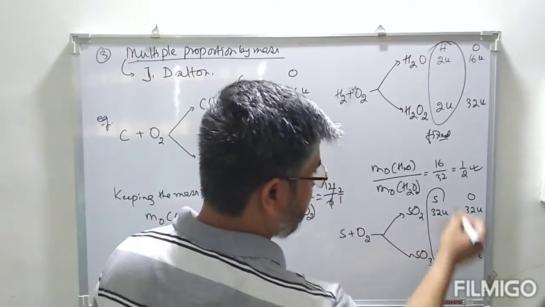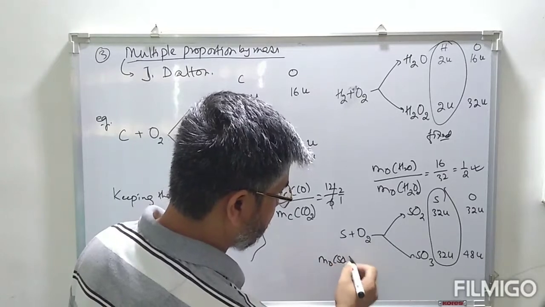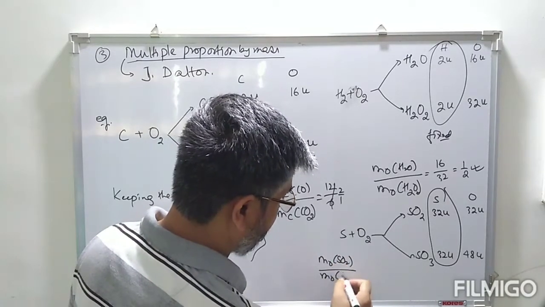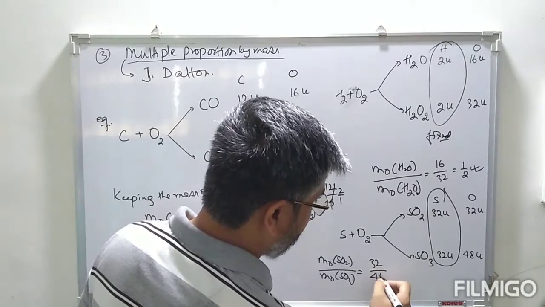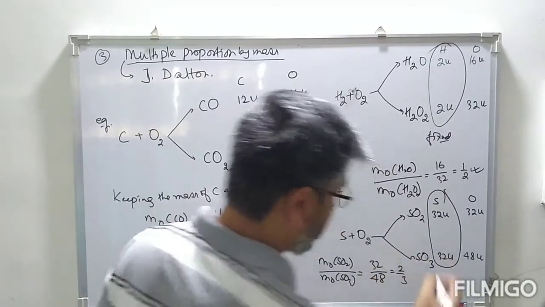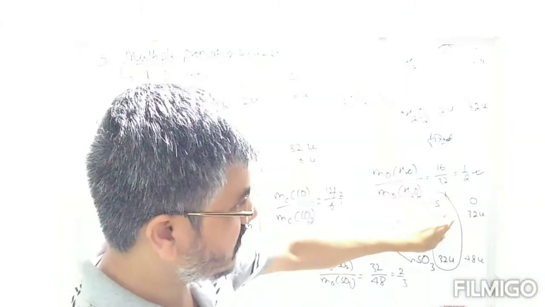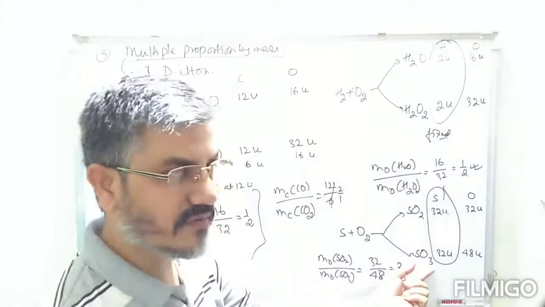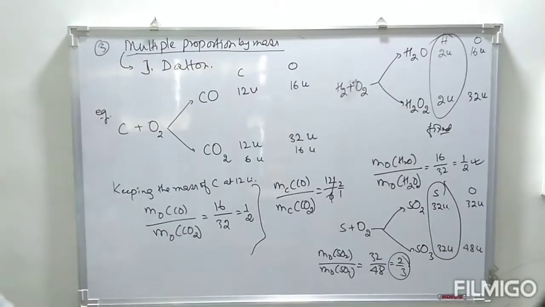So keep the mass of sulfur fixed at 32. Take the mass ratio of oxygen. So this is 32 by 48, which equals 2 by 3. So for a fixed mass of sulfur, the mass ratio of oxygen in sulfur dioxide and sulfur trioxide always bears a simple whole number ratio.